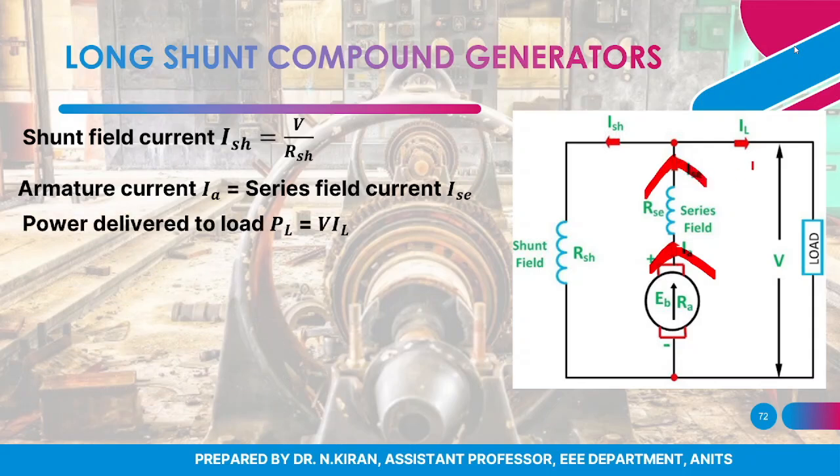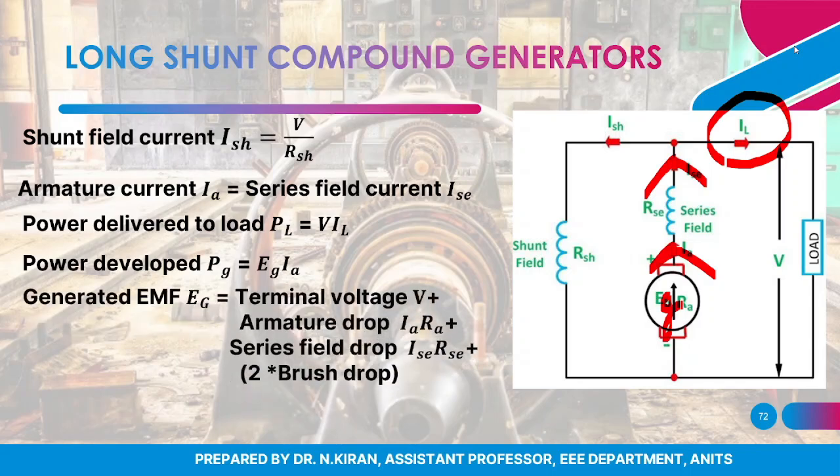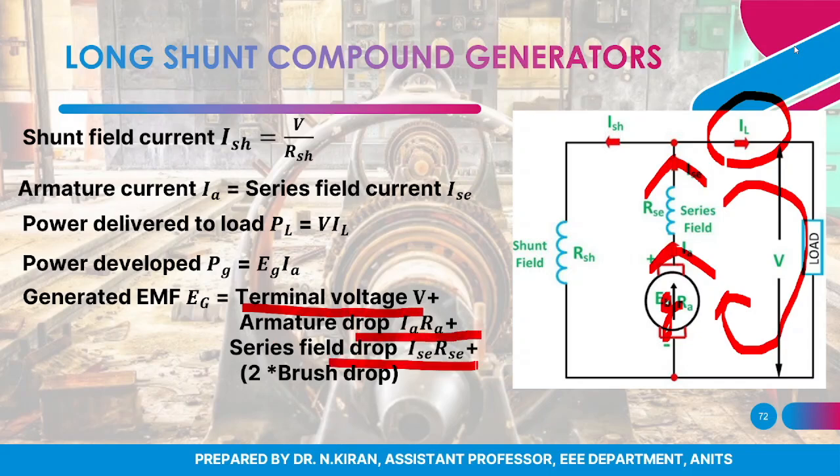Power delivered to the load: the current flowing through the load is only IL, therefore power delivered to the load is V into IL. This is EG, and power developed in the armature will be EG into IA. Again, if I apply KVL to this part of the circuit, that will give me the expression for EG to be V plus IARA plus ISC RSC plus 2 into brush drop.